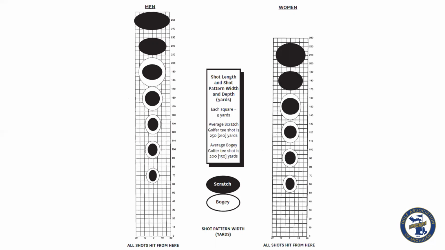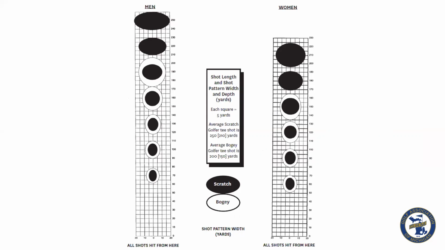And for scratch golfers versus bogey golfers, we have different dispersions, both length and width-wise as well. But these numbers, as far as I know, are still the same in the current book. Again, this is something we will use to evaluate how much of an impact certain obstacles have.